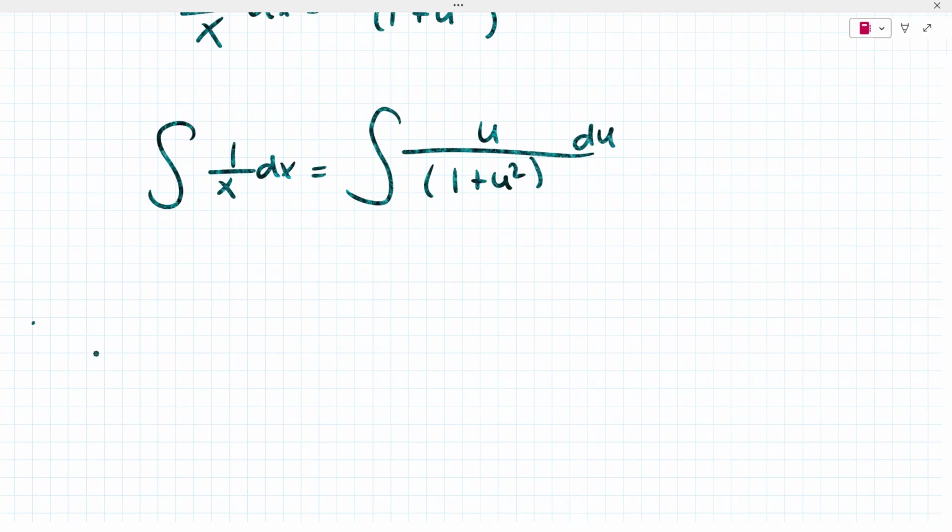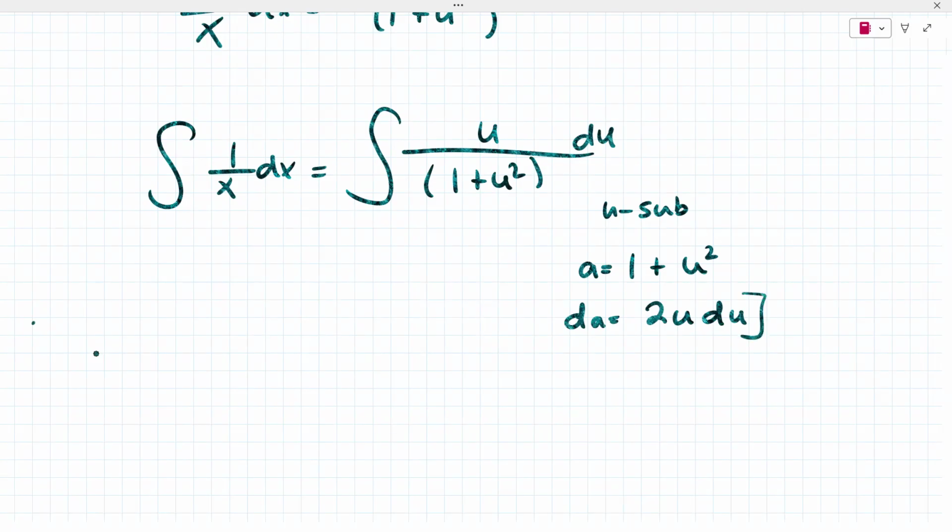You would have to do u sub. And don't use u as that instead. Use a different letter, maybe a. So if a equals 1 plus u squared, dA would be 2u du. And then get rid of this 2 because we don't have a 2, right?